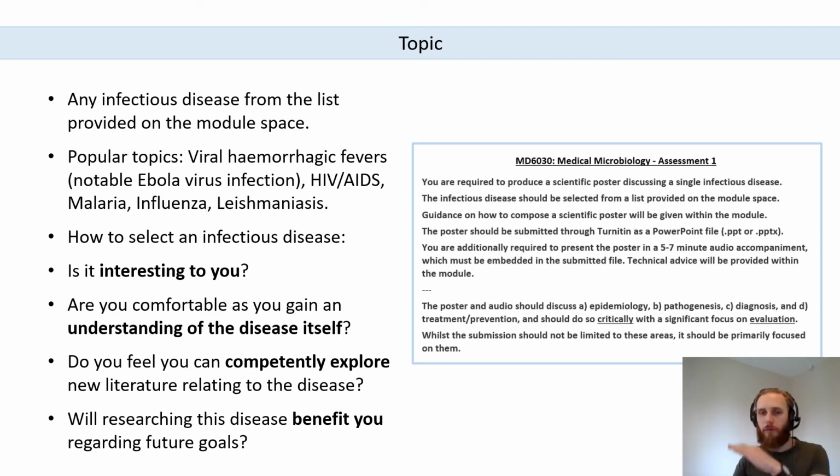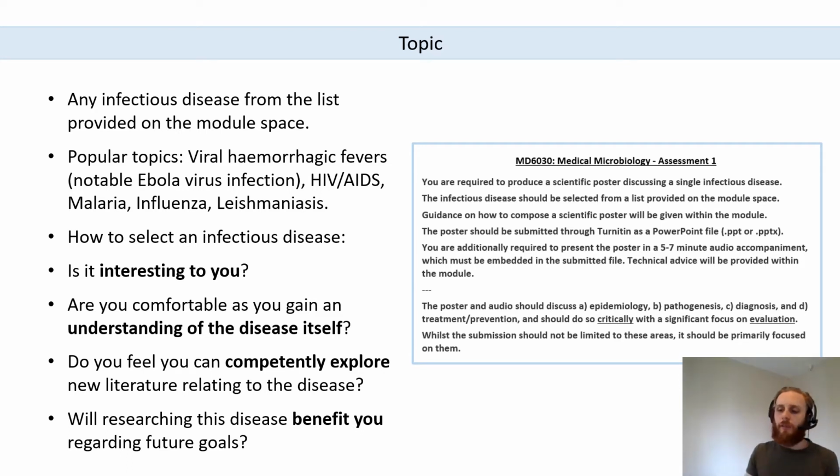Students who score towards the bottom of the scale pick a whole range as well. So there's no correlation between the infectious disease picked and the outcome and the grade given. That's really not something you should be thinking about. The first thing you should be thinking about, as I said, is whether the infectious disease is interesting to you.